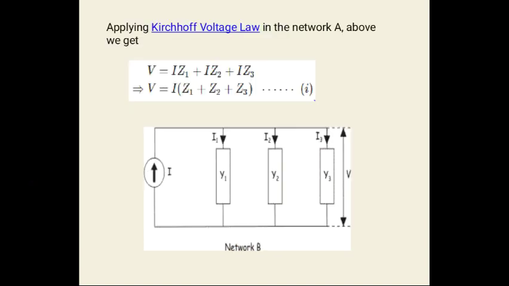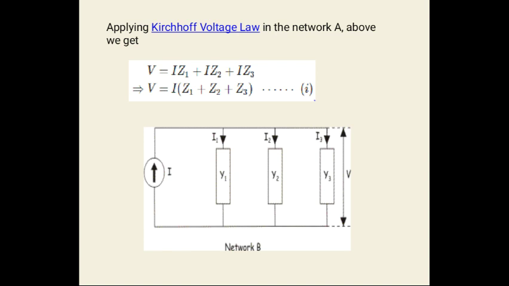Now we apply KVL in network A. So the KVL equation is V is equal to I Z1 plus I Z2 plus I Z3, where IZ1 is the voltage drop across Z1, IZ2 is the voltage drop across Z2 and IZ3 is the voltage drop across Z3.